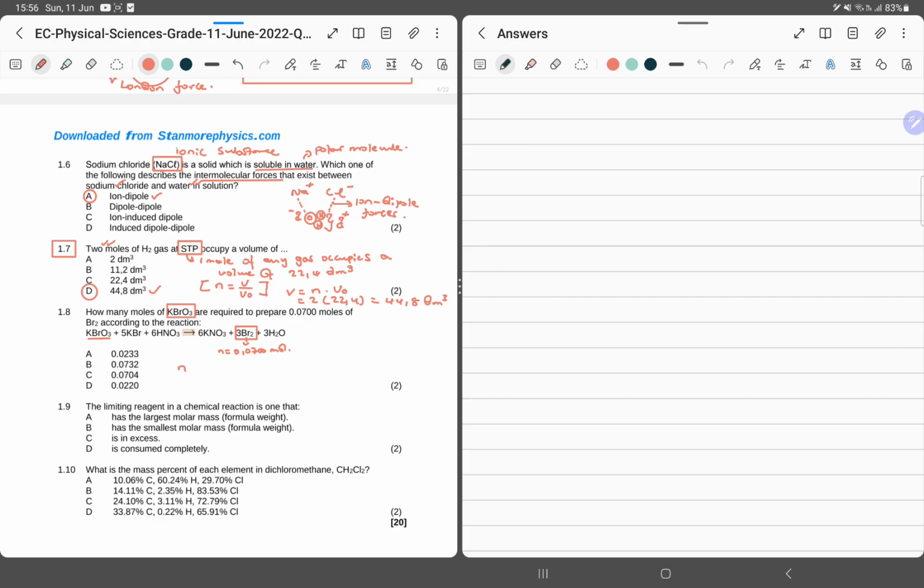We can say this tells us that the number of moles of our potassium bromate is going to be 1/3 of the number of moles of the bromine. Okay, now let's just do the things. Just write 0.0700. What does that give us? So we have to put that in the calculator. So we've got a third of 0.0700.